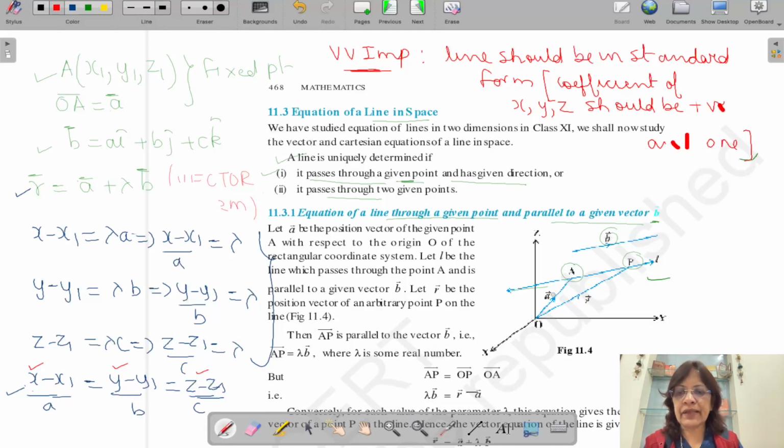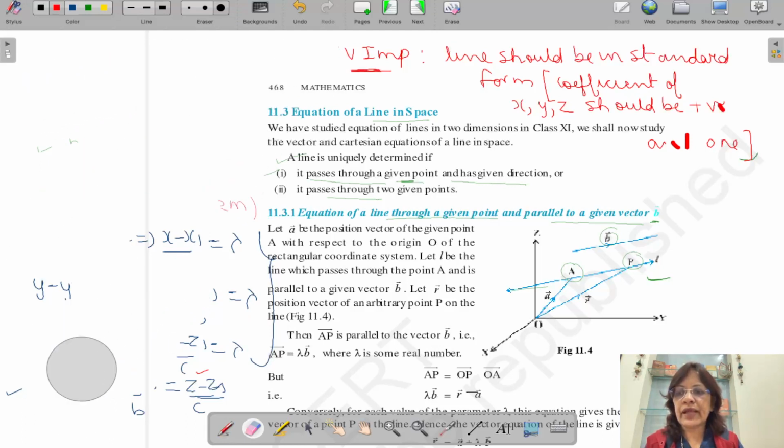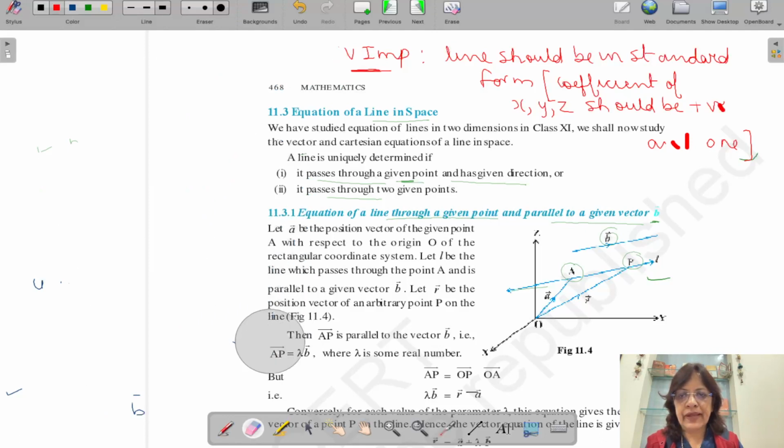Now we'll see the first question on this. Again, I'll write the Cartesian form. It is a line passing through a fixed point and parallel to a given direction. These two are the equations that we have got finally.